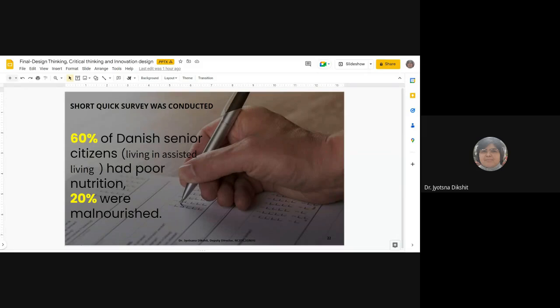And the government felt that in future they will require more assistance and support. So this is kind of a vicious circle, which from this particular feedback they came to know.